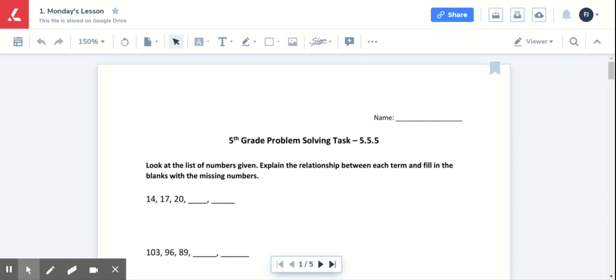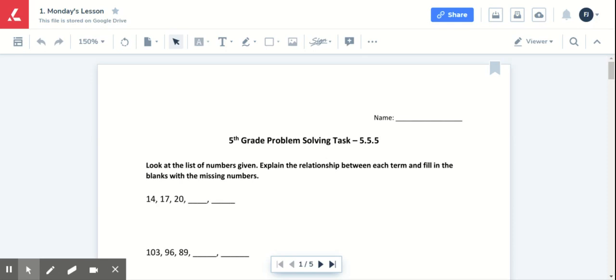So let's look at these numbers. We should always start by seeing if it's a multiplication or an addition rule, because those are the easiest to figure out. From 14 to 17, we're adding 3.